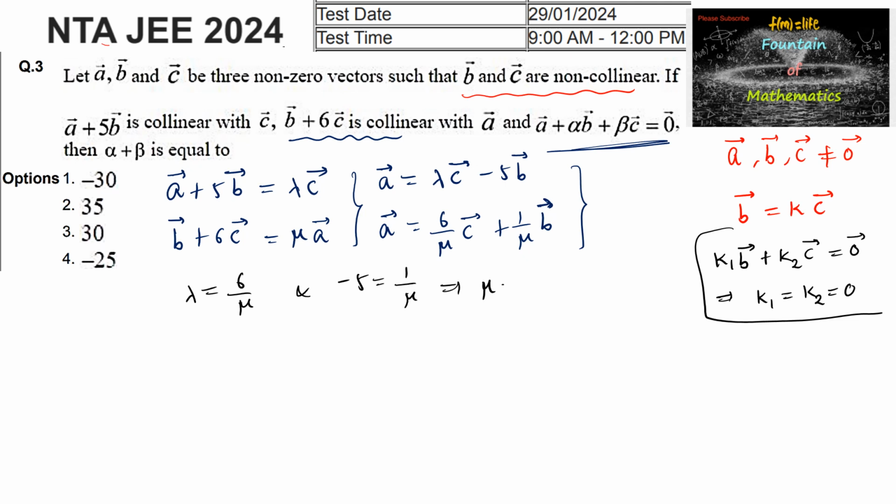So mu is equal to minus 1 by 5, or 1 upon mu is minus 5, so lambda is equal to 6 into minus 5, which is minus 30. So lambda value is minus 30 and mu value is minus 1 by 5.